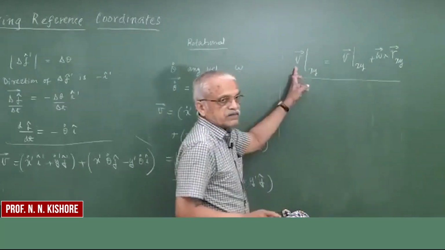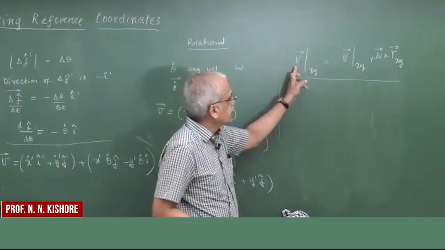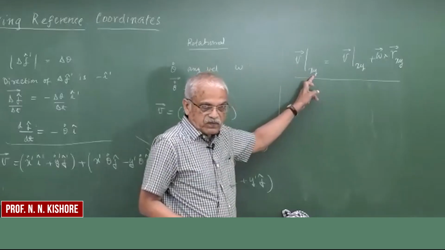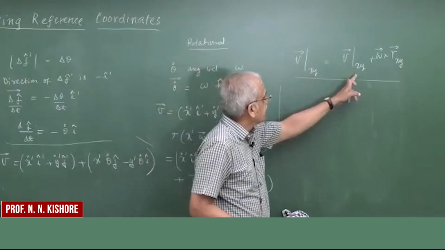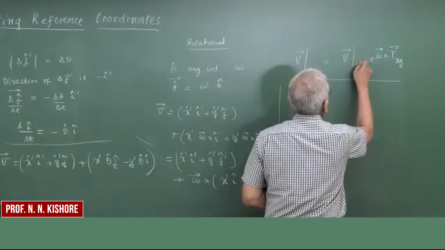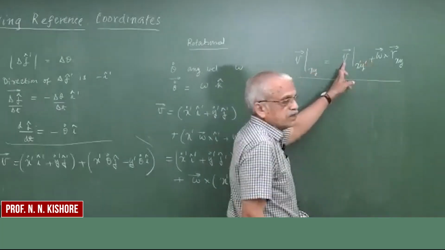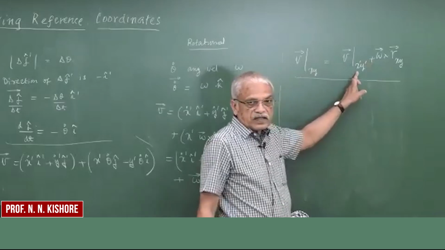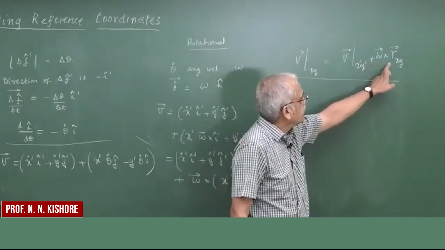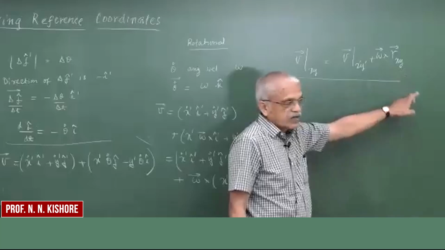That means that the velocity of the particle, the one which we want with respect to the fixed frame, is nothing but the velocity as observed in the rotating frame together with omega cross r xy.